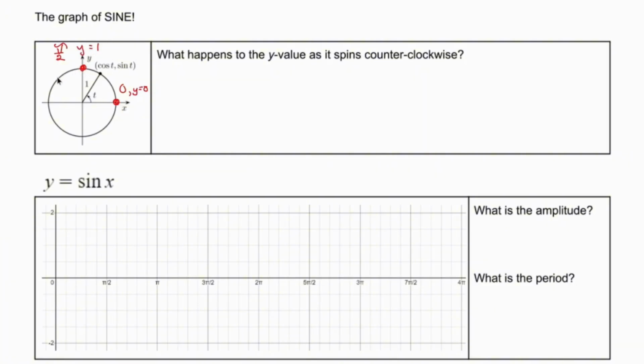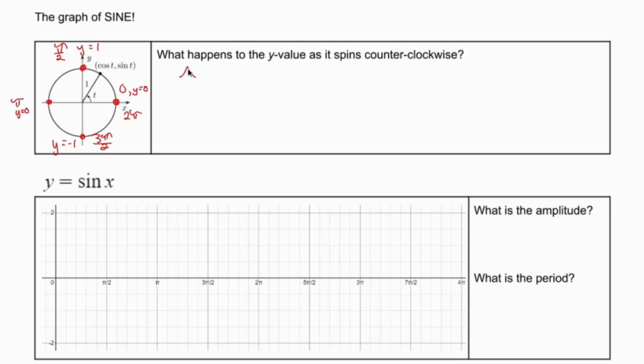Then this dot is going to come back down at pi. We have a height of y equals 0 again. And then I'm going to keep spinning around to 3 pi over 2, where my height is now going to be 1 unit below the x-axis. So y equals negative 1. And then we keep spinning around, and at 2 pi we repeat.